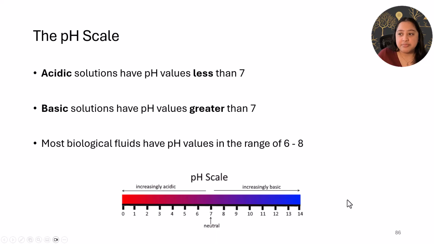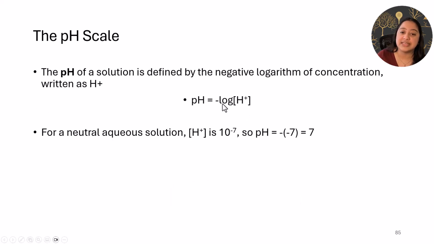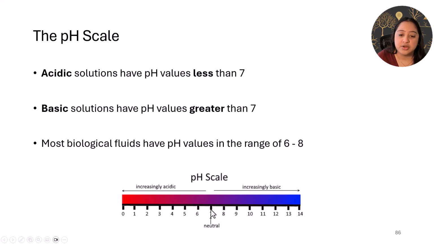At first that might sound counterintuitive, because if something's acidic, doesn't it have more hydrogen ions? That's true, but remember this is the negative log of that. So even though the hydrogen ion concentration is getting higher, it's going to lower the pH just because of how the equation is. So pH below 7 is acidic, pH above 7 is basic.